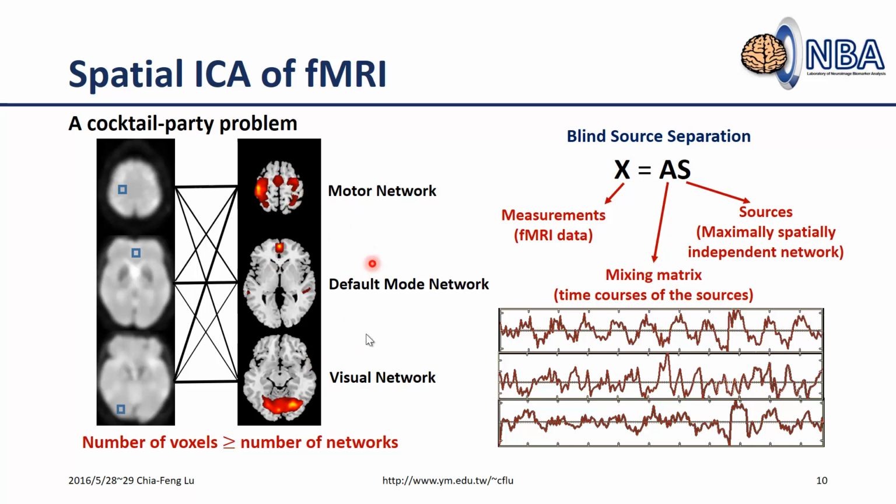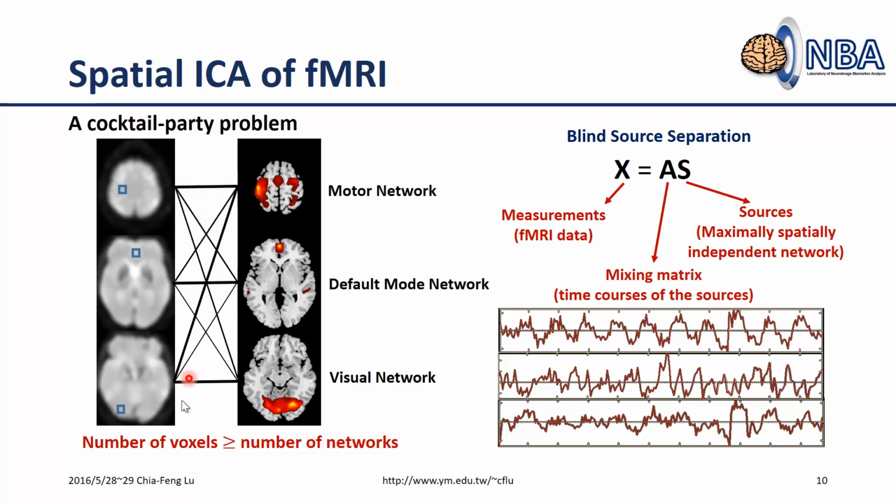So these are the sources that we'd like to estimate. And of course, you need to estimate how these three networks mix with each other to create the estimated BOLD signal. These lines here are pretty similar to a fully connected neural network, but not the same.